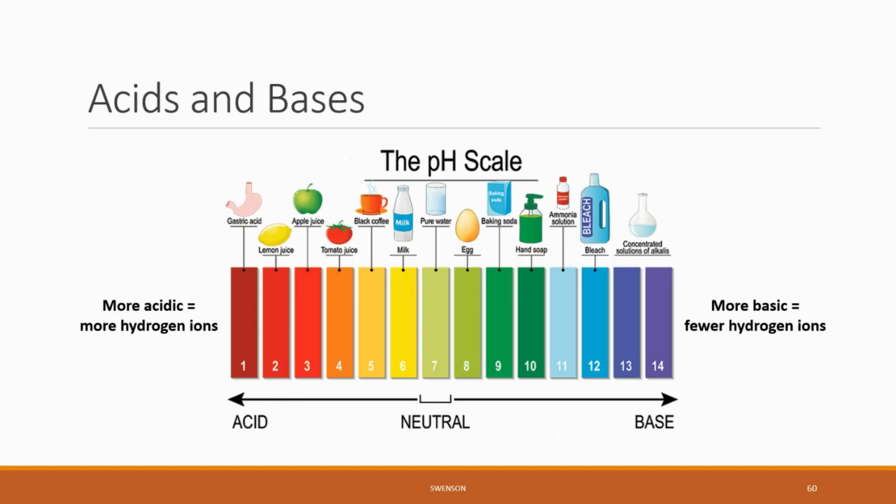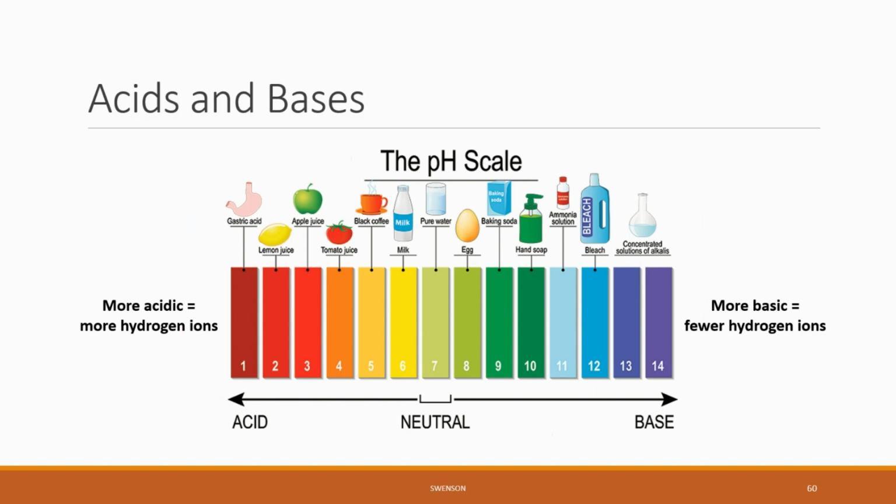Conversely, the more hydrogen ions, the lower the pH. So you can think of it in another way in that hydrogen ions make something more acidic. And on the pH scale, acidity is lower in number, neutral is 7, and something that is basic is going to have a higher number than 7.